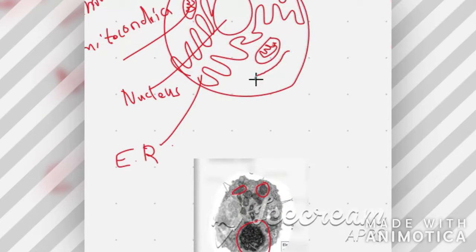Another membrane-bounded system of membrane sacs is called the Golgi bodies. That is a specialized system for the packaging of certain materials that are destined to be transported outside the cell. It can be seen in this electron micrograph.